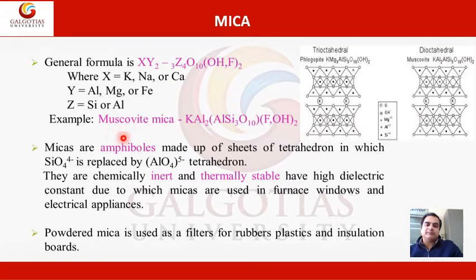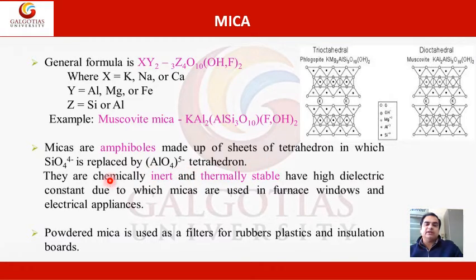An example is muscovite mica, which has the formula KAl2AlSi3O10(F,OH)2. We also know that micas are made up of sheets of tetrahedra in which SiO4 4 minus is replaced by AlO4 5 minus tetrahedron.